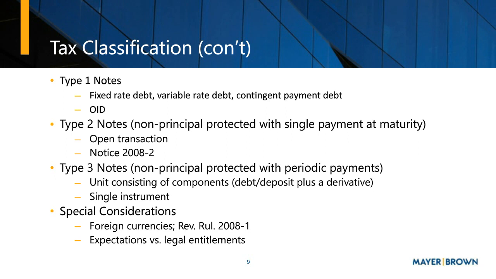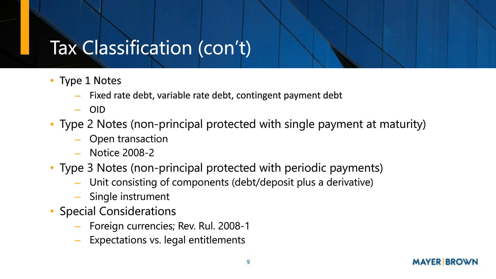The type 2 notes, so those are the ones that are not principal protected and do not bear a periodic coupon, we're going to treat those as open transactions. In other words, it's essentially a wait-and-see approach. So they're not debt instruments for tax, and they are more akin to something like a prepaid forward contract. And you'll see in disclosures different nomenclature used for these type 2 notes.